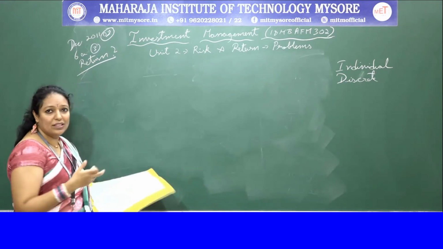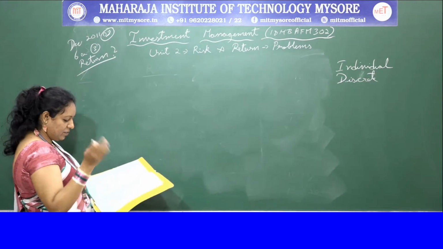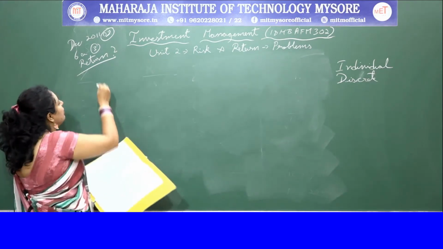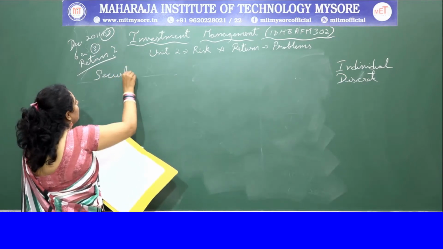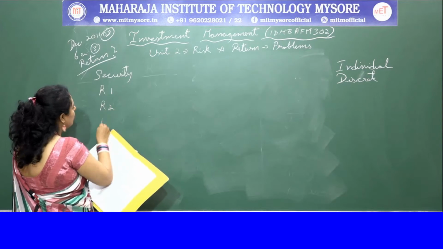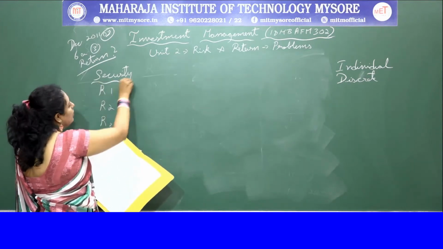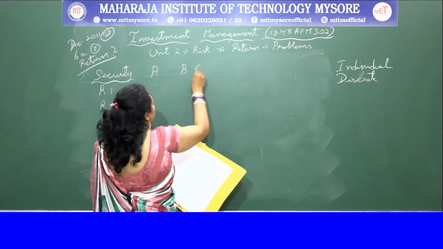So I'll write down the values first so that it is easy for me to just multiply. They've given return 1, return 2, return 3, and they've given the securities A, B and C.